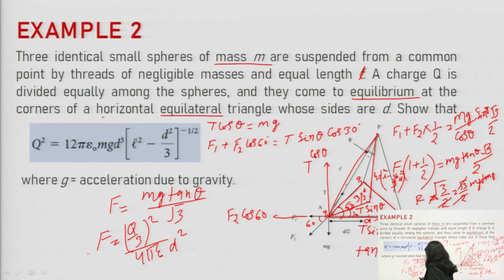Finally F will be equal to Q square by 9 multiplied by 4, that is 36 pi epsilon D square.